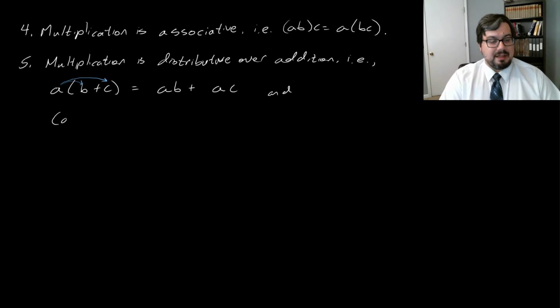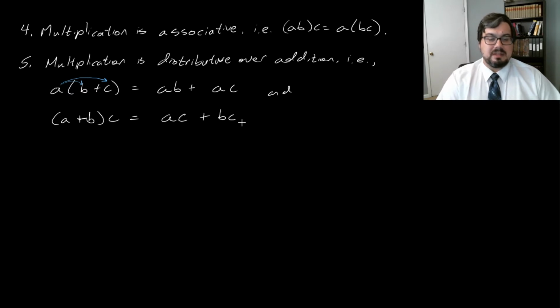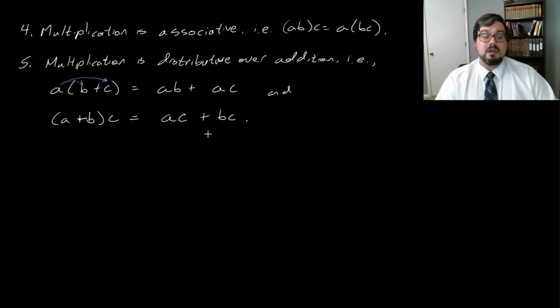And if we have the expression (A plus B), which gets multiplied by C, that's going to be equal to AC plus BC. Of course, the reason why we need both of these conditions is that multiplication is not assumed to be commutative. So A times (B plus C) is not necessarily the same as (B plus C) times A.